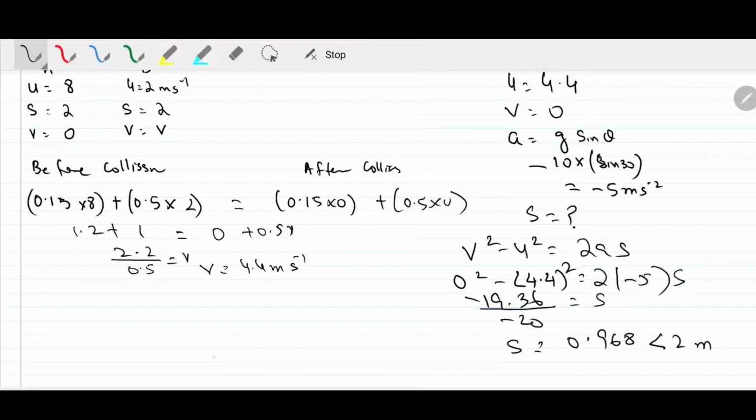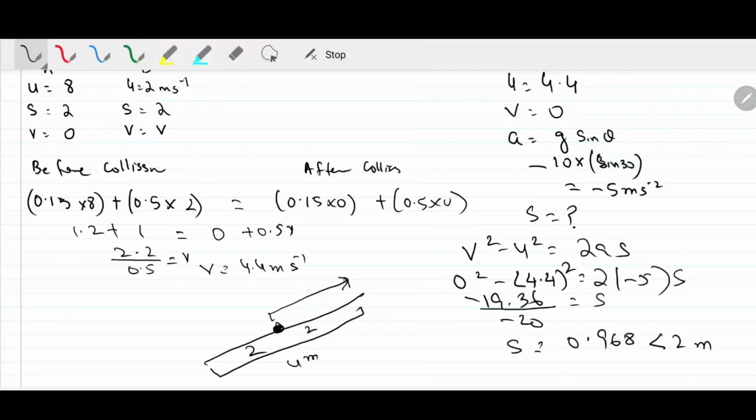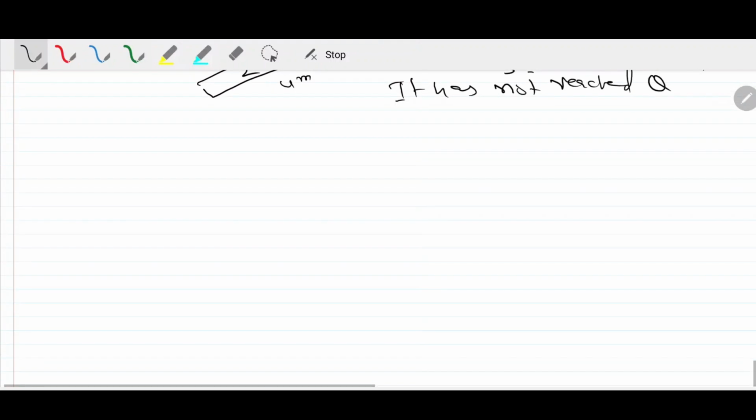Why 2 meters? Because the whole slope is 4 meters, and the collision takes place at the midpoint. After collision, it needs to cover 2 meters to reach the top, but it is falling short, and this is 0.968. So it has not reached Q.